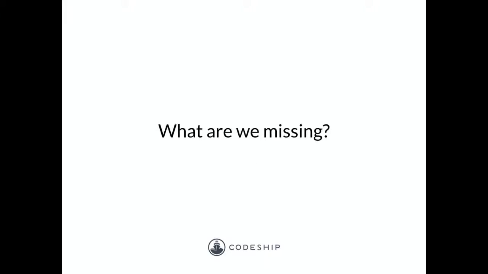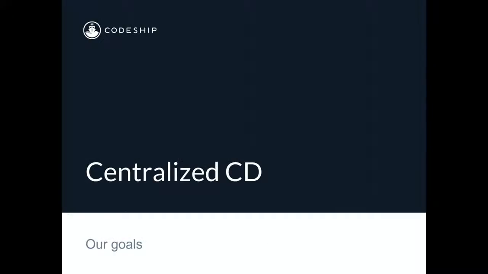So what are we missing across all of these solutions? Docker's a new technology, so for us, we really wanted to look at what do we really need in this space to do a really great job? What would we need to do the best job for Docker continuous delivery? So to have a centralized continuous delivery system, we had to think about our goals again.